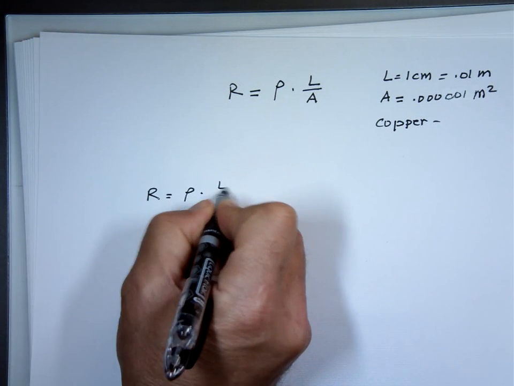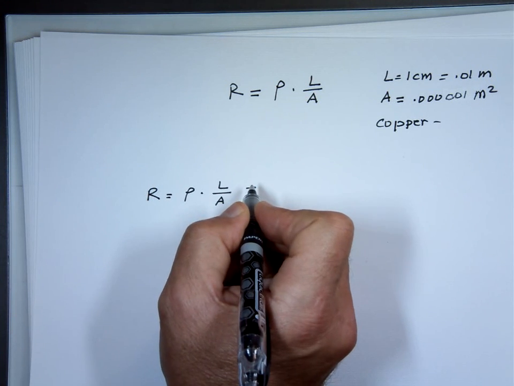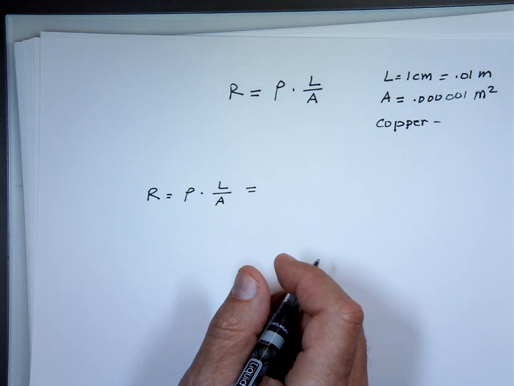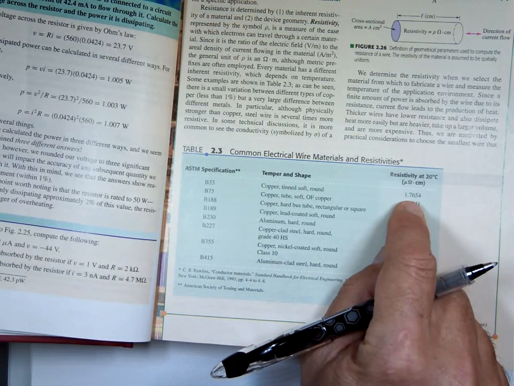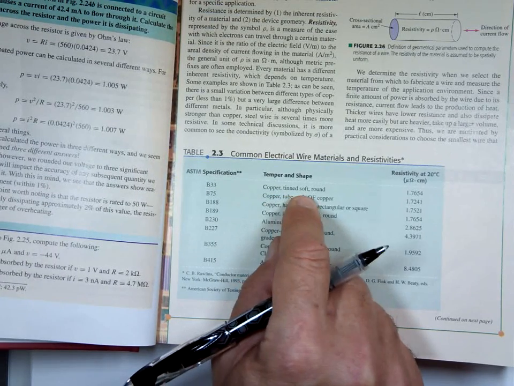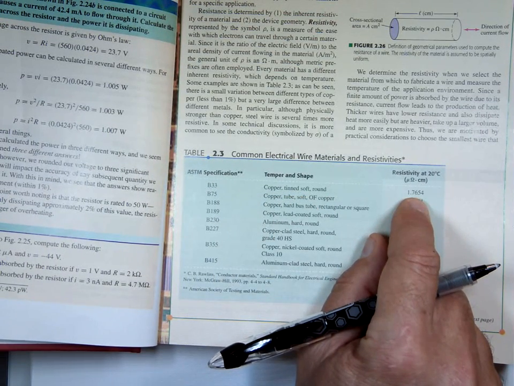For copper, I'm looking here, our book has a list. It has a resistivity of 1.7654. Copper, 1.7654 micro.